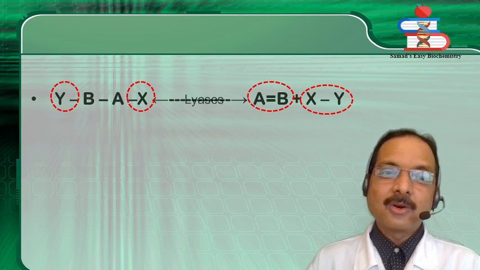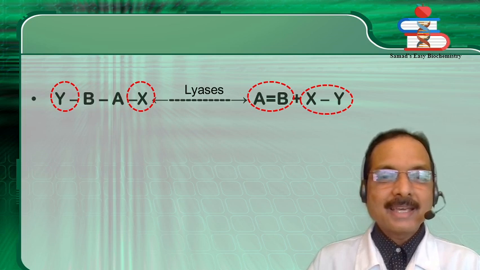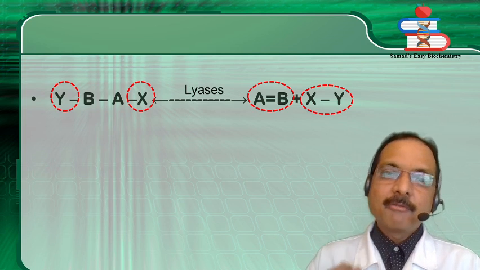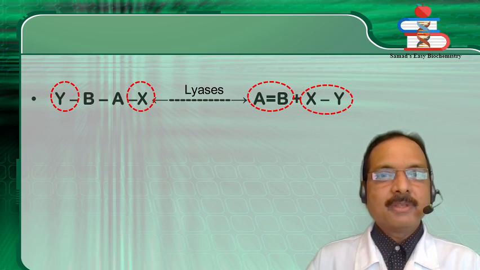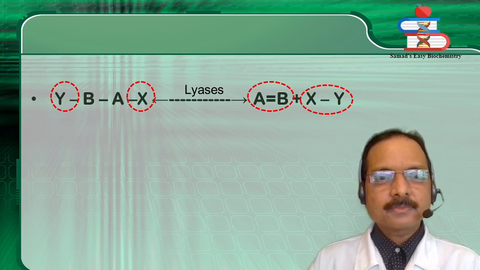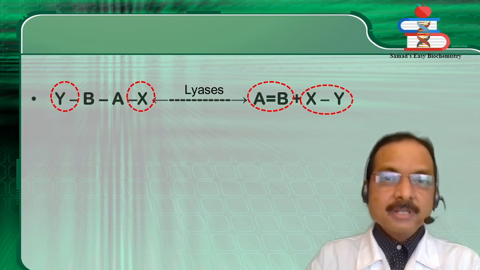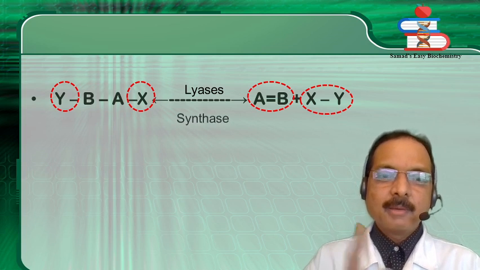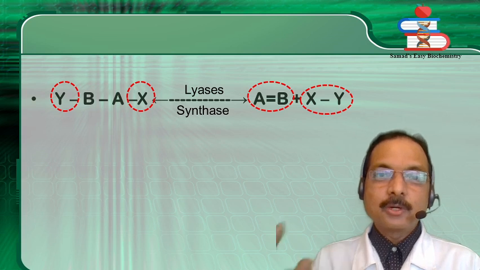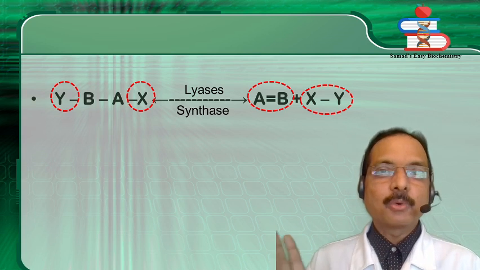The enzymes are called lyases. So lyases will remove the group and form double bonds between the elements. Now if the reverse reaction occurs, then the name of enzyme is synthase, where the groups are added and double bonds are broken.